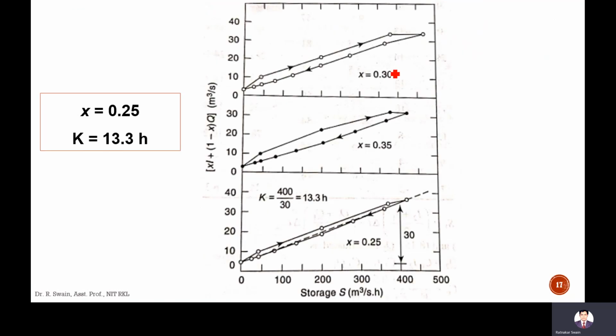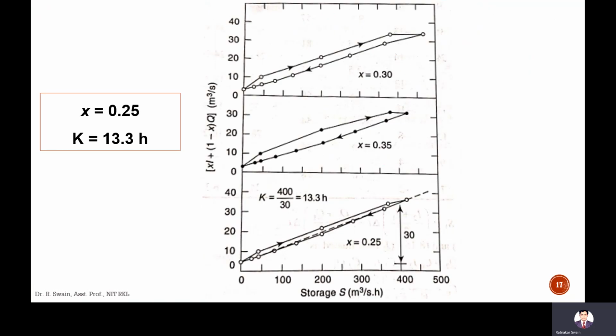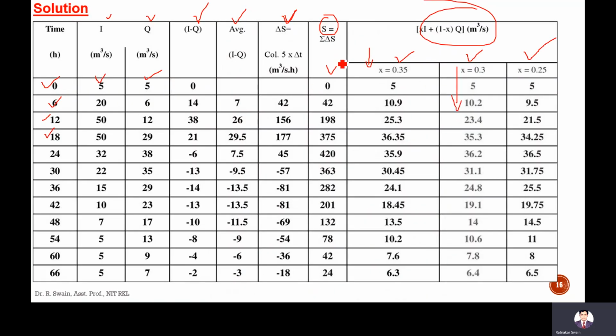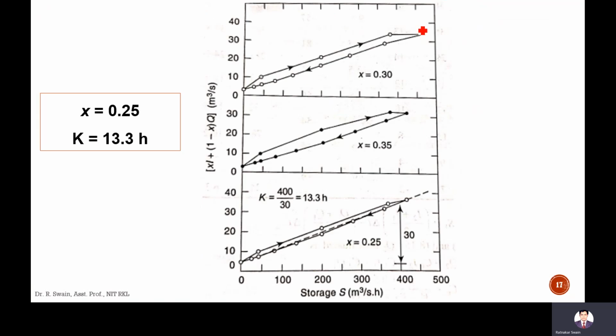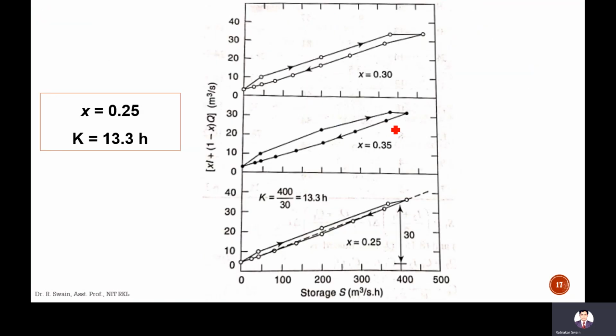For x equal to 0.3, considering this column and this column, the graph is plotted. It is a loop curve. Next, for 0.35, considering this data and this data, again it is a loop curve.